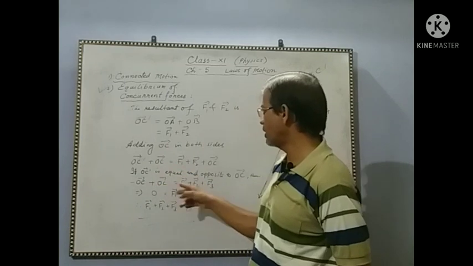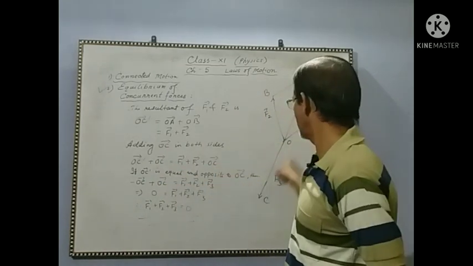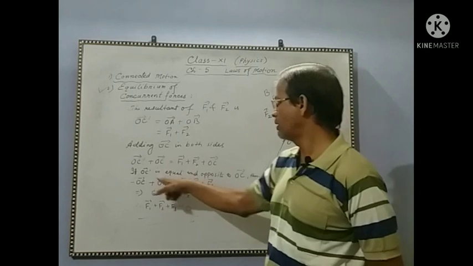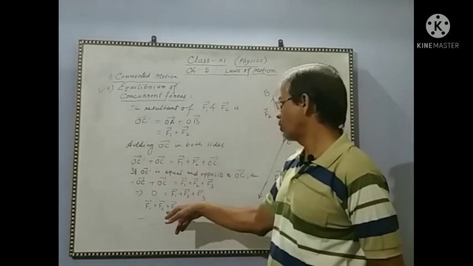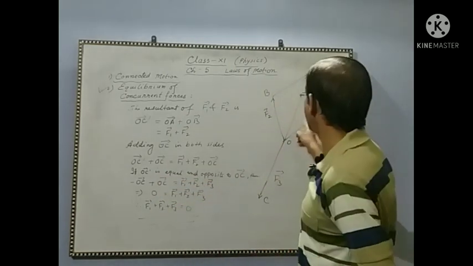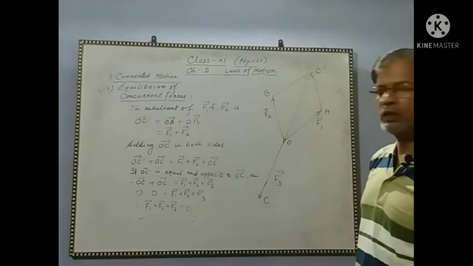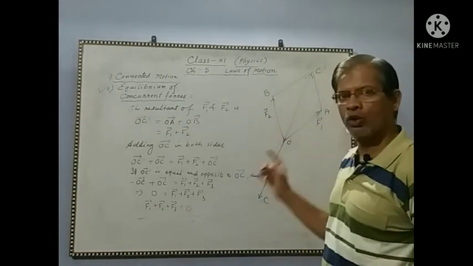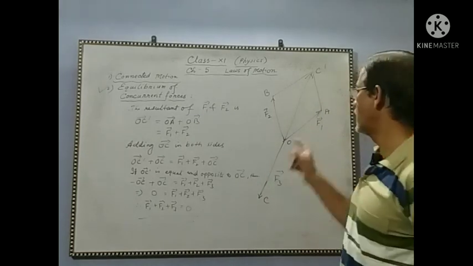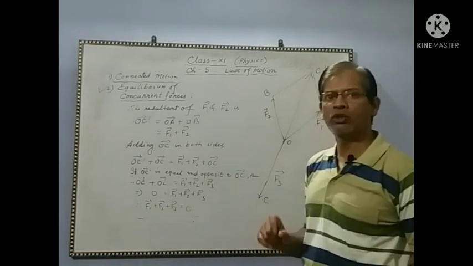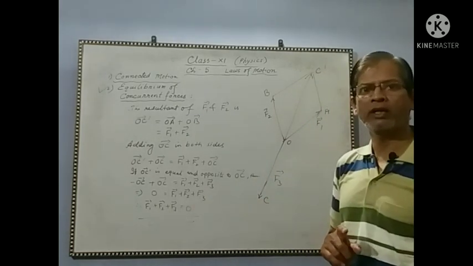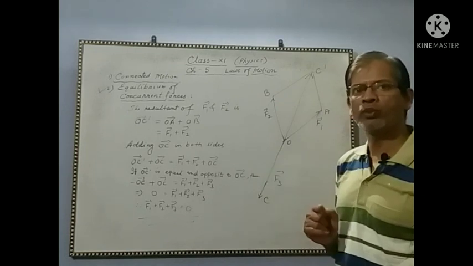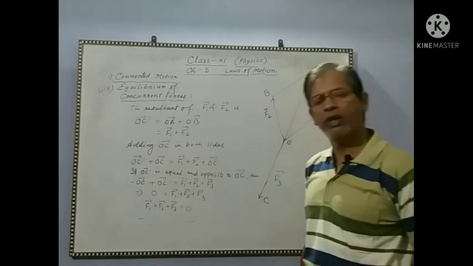Already there is OC vector, and OC vector means F3. This is 0. So these three forces F1, F2, F3 act at a point O. So these are concurrent forces and their resultant is 0. So this is the equilibrium of concurrent forces. Okay, bye.